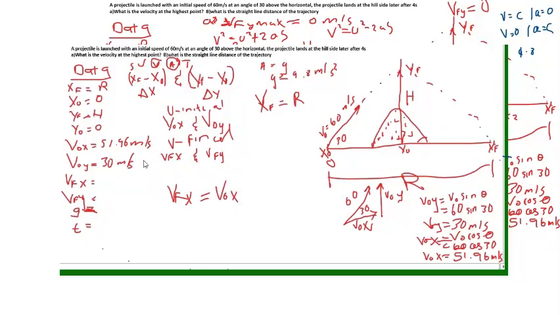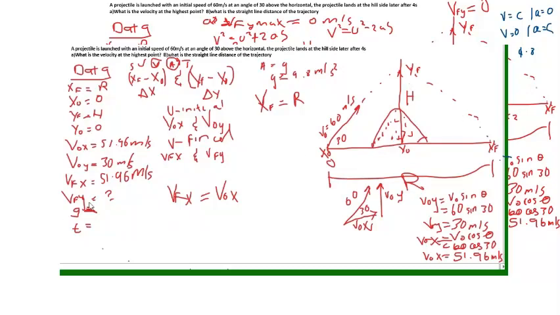It's always constant. Take note of this. They might come in the conceptual questions, multiple choice. Always take note of what I'm explaining. You will never find them in the lecture slide, but they might assess you on that. So this is just Vox, meaning this is just 51.96 meters per second. Then V final differs at each point, so just put a question mark on V final, because they might ask you V final at this point, V final at that point.